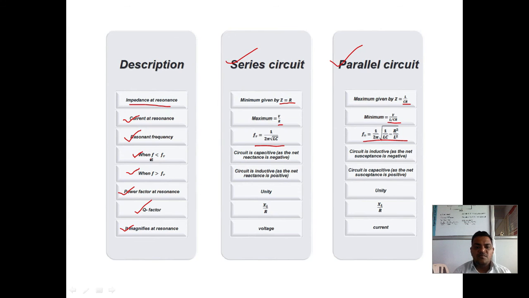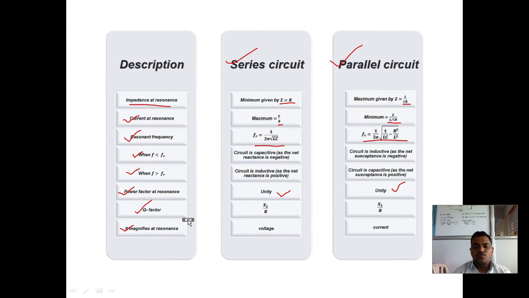Next, when the operating frequency F is less than the resonant frequency, the series circuit is capacitive as the net reactance is negative, while the parallel circuit is inductive as the net susceptance is negative. When the operating frequency F is greater than the resonant frequency, the series circuit is inductive and the parallel circuit is capacitive. The power factor of both the series and the parallel circuit is unity.